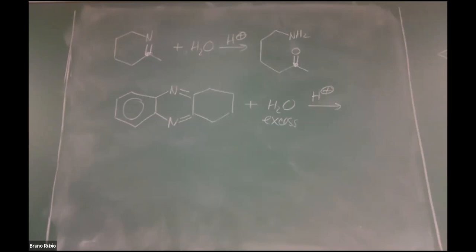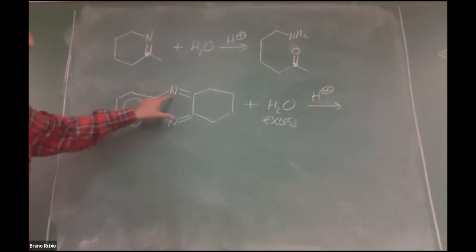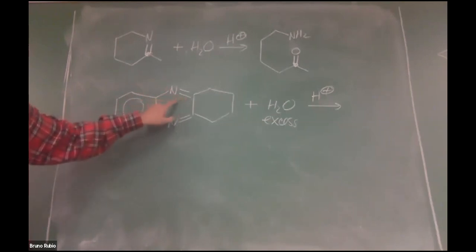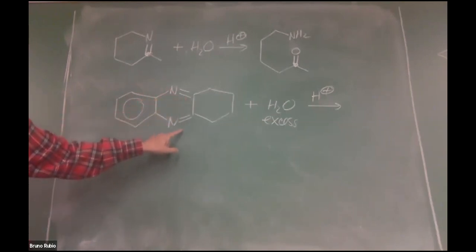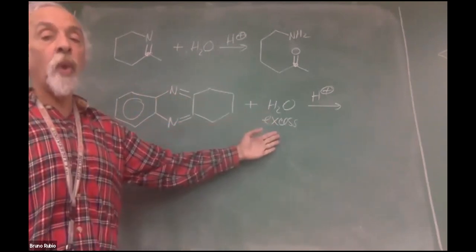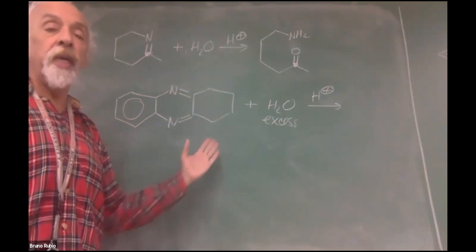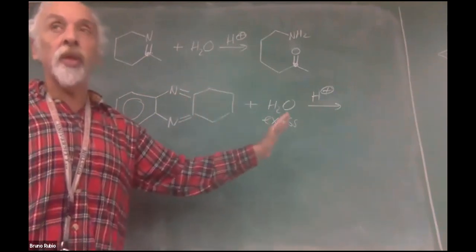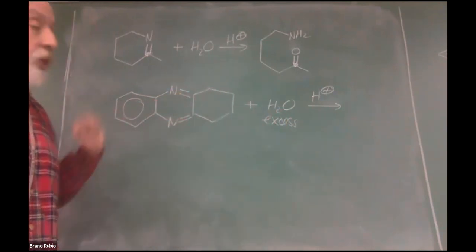So draw the structure of the product. So there's the imine, the carbon-nitrogen double bond. There's another imine, carbon-nitrogen double bond. We're told that we have enough water to take care of both of the imines, and so we're going to get reversal there and reversal there.